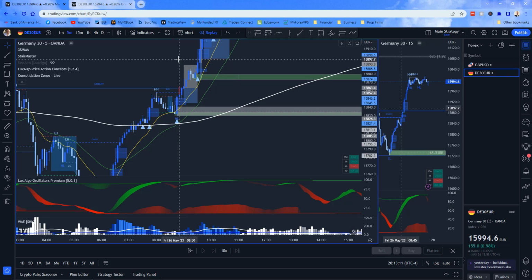If you're just using Stairmaster and you got a signal print, even though you wouldn't enter on that particular candle because it didn't break the zone, you have to have some sort of rule saying how many candles you allow it to go before it's no longer valid.